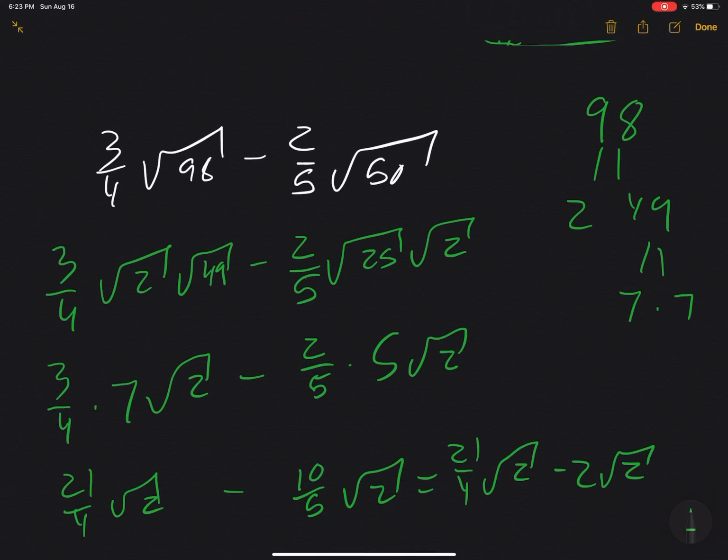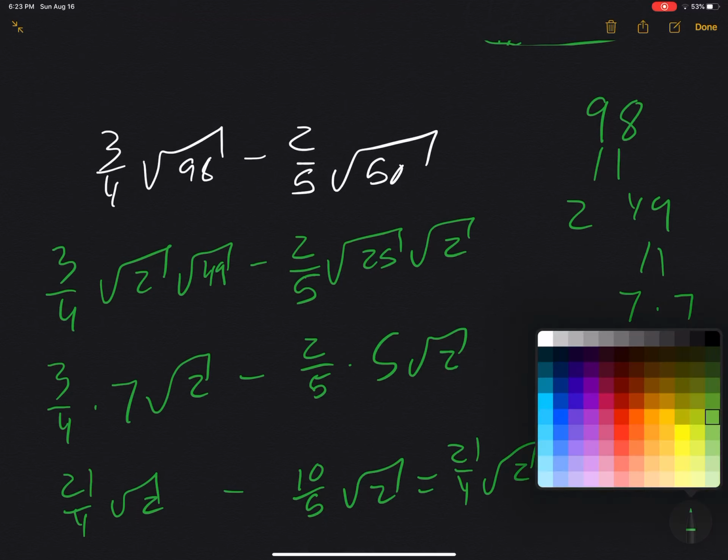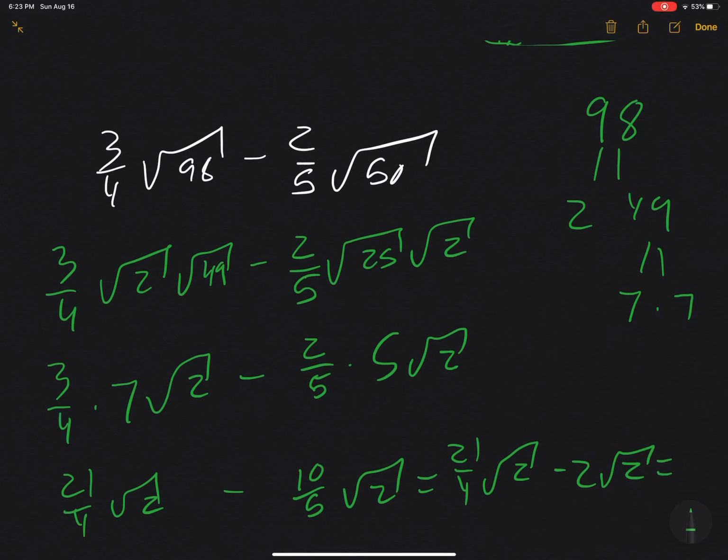And then we continue. 2 wholes is going to be 8/4, so 21 minus 8 is going to be 13/4 root 2.